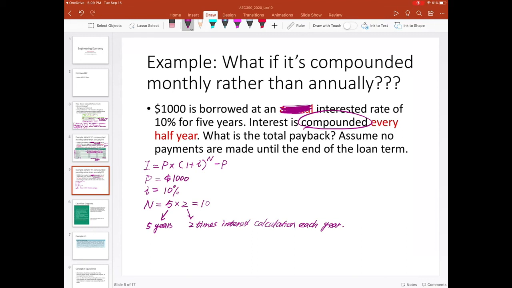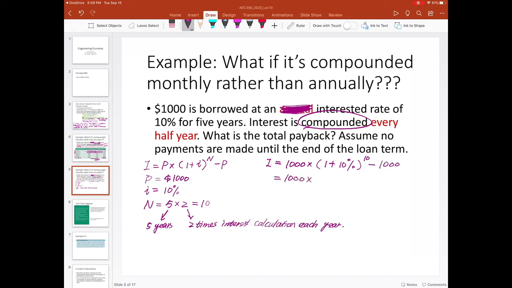All right, so substitute these numbers. P is 1,000 times (1 plus i, which is 10%) to the power of n, which is 10, not 5, okay? Minus 1,000.